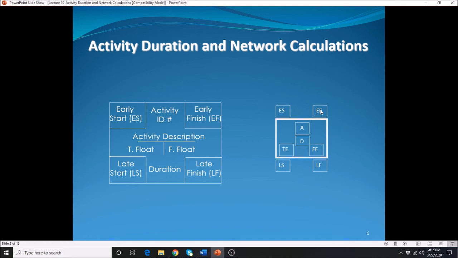This is the early finish, that is the EF. Inside the box, you will find the activity. You have the duration, we have the total float, the free float, we have the late start, and we have the late finish. So that will be the convention that we are going to use as we move on and as we draw the network diagram.